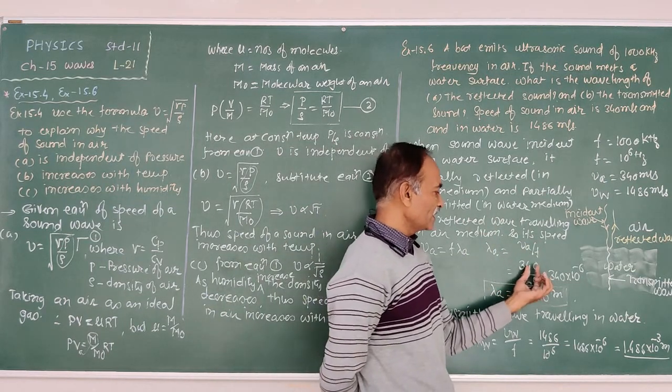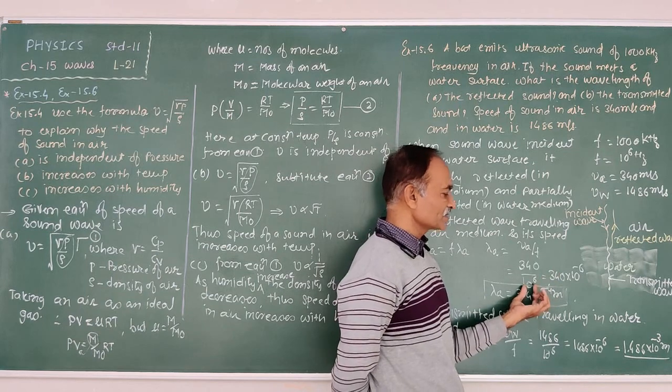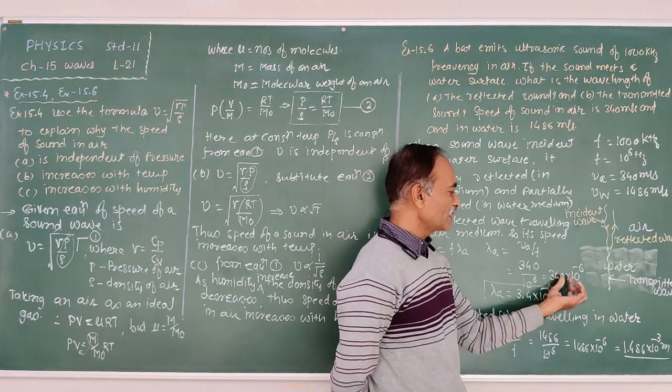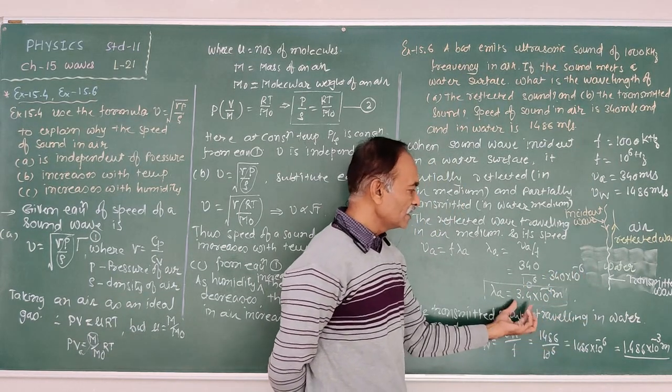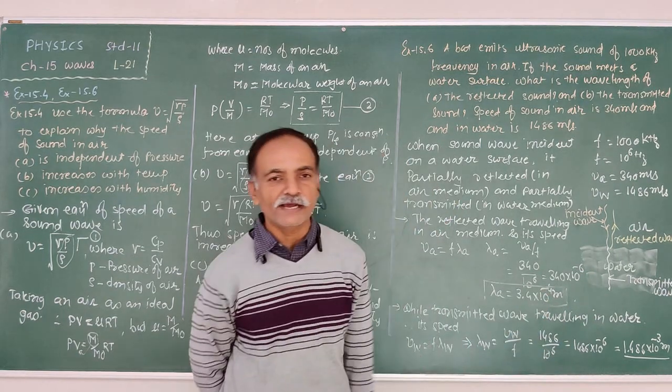VA 340 upon F 10^6, so 340 into 10^-6, or 3.4 into 10^-4 meter.